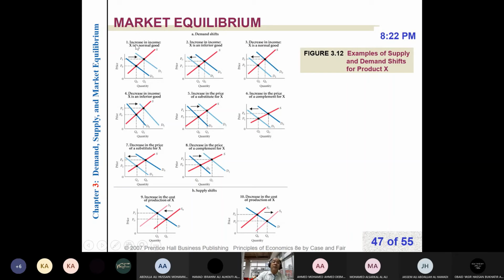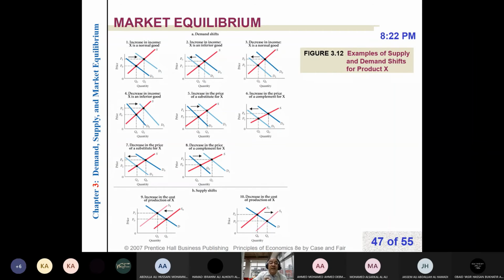What happened now? Income increases and the product is normal. If income increases and the product is normal, demand will increase, and the demand curve will shift to the right. My question: what happened to equilibrium price and quantity?